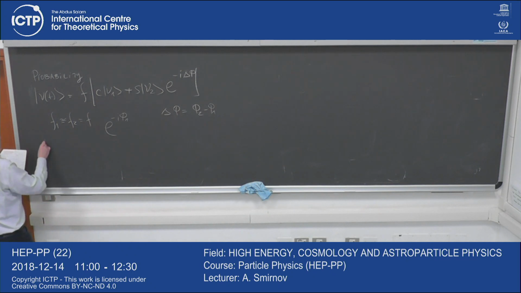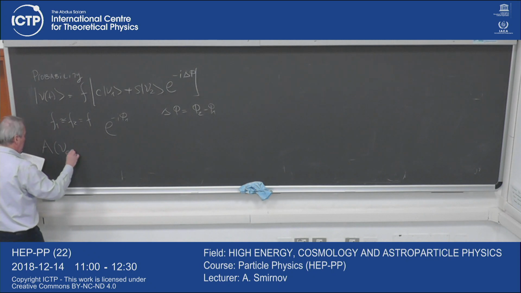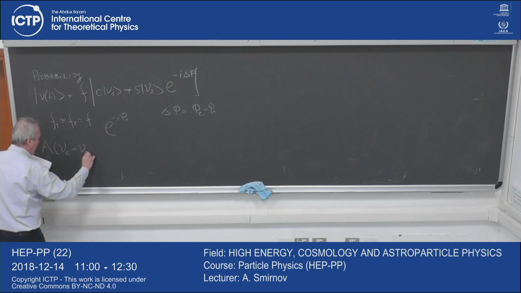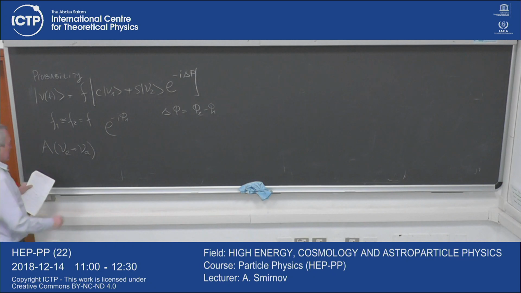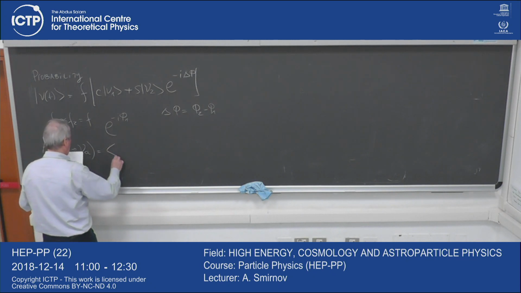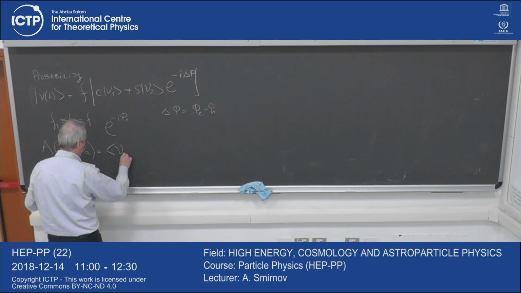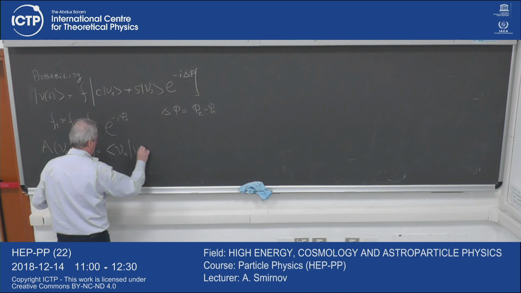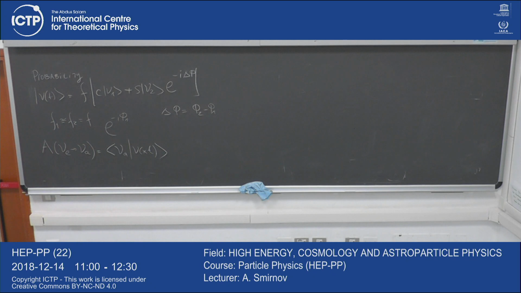Now the amplitude of transition, for instance nu e to nu a, in our system is given by the matrix element <nu a | nu(x,t)>, at position x and time t.